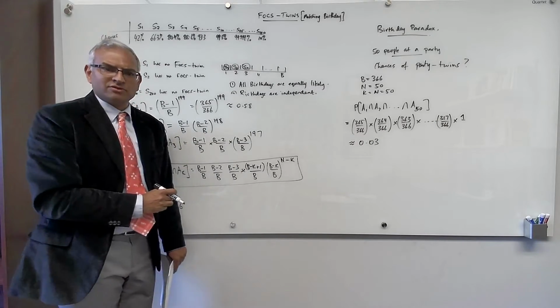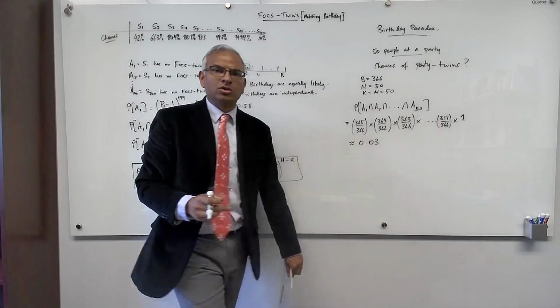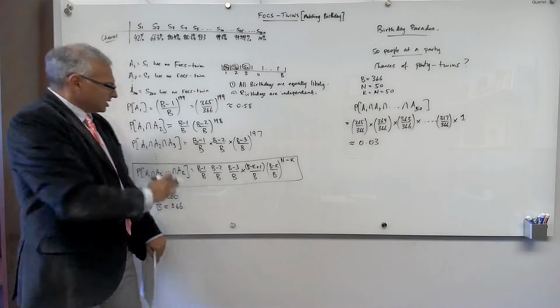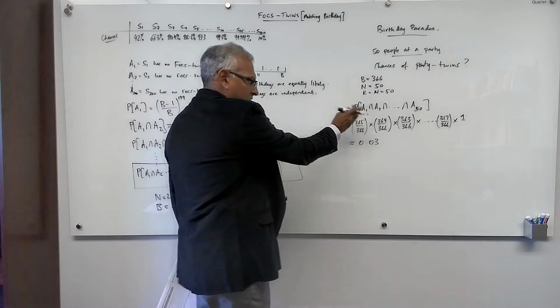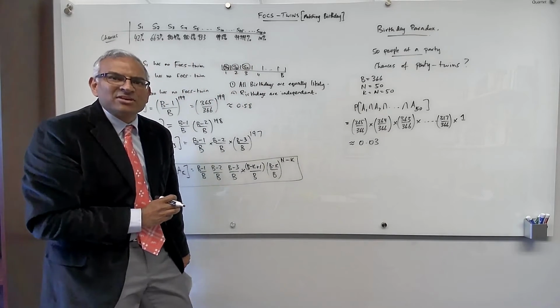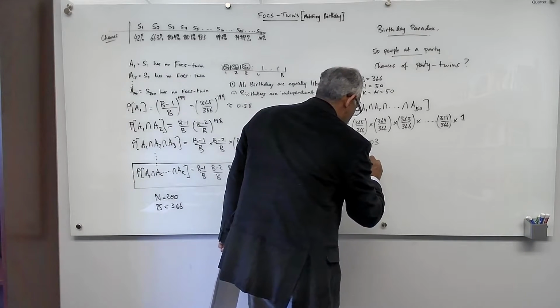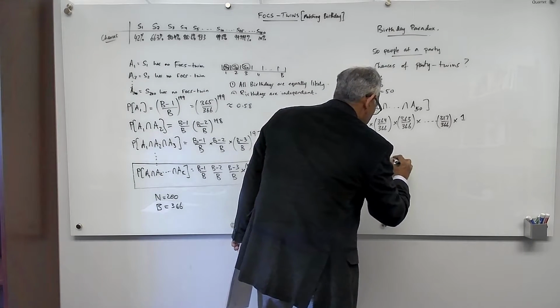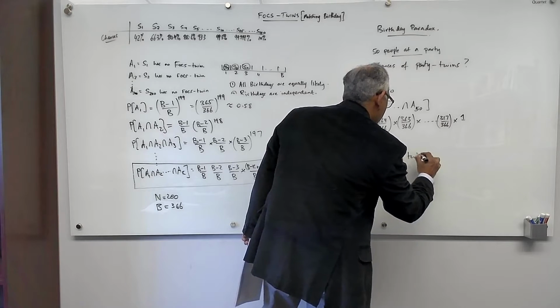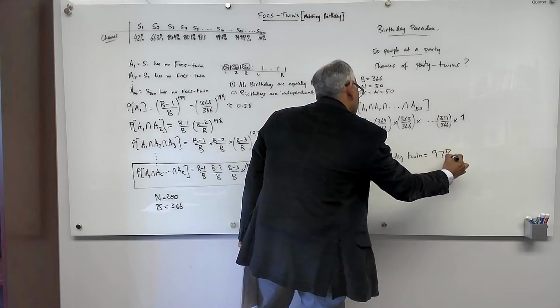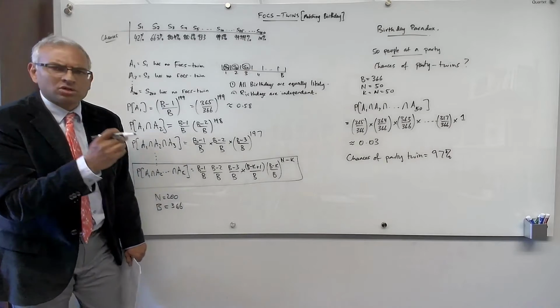If you ask the first person, do you have a twin, second, third, fourth, and make it all the way to the 50th, and none of them have a twin, it's exactly this problem as we just described, and there's a 97% chance that you will find a party twin. So chances of party twin equals 97%. Wow! And that's why it's called a paradox.